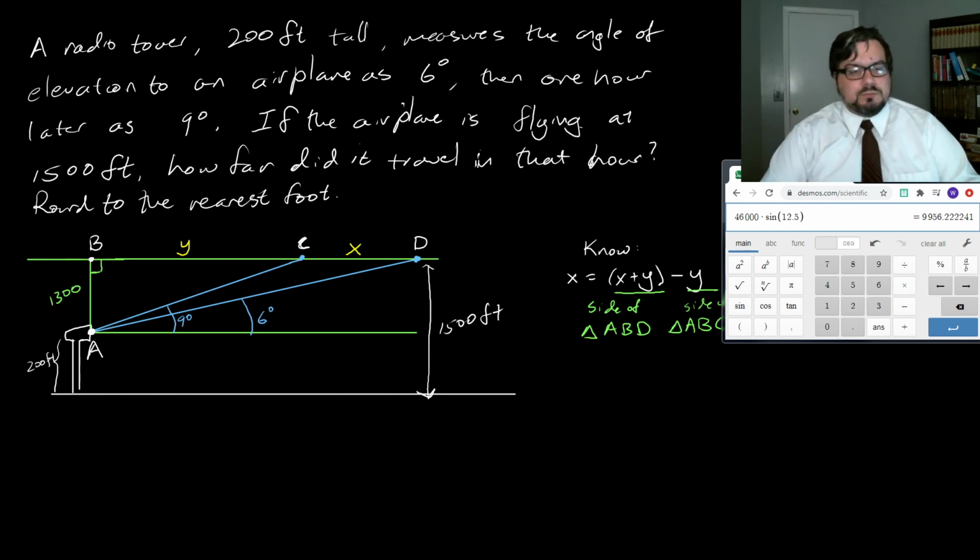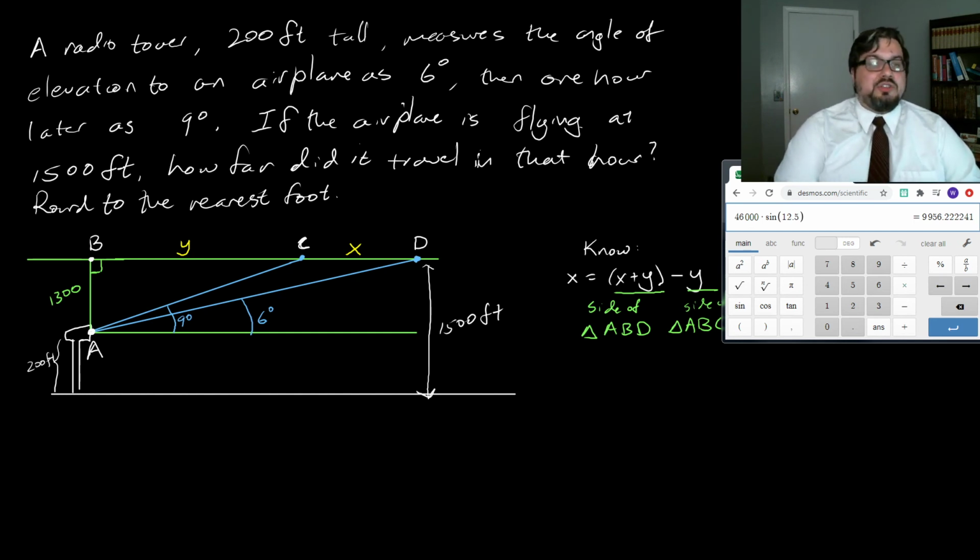Okay. Now, the next thing that we need to figure out are some angles, because right now in the triangle ABC, we know that the angle at B is a right angle, and we know one of the sides. That's not enough information. Remember, we always need 3 pieces of information at least to solve a triangle.